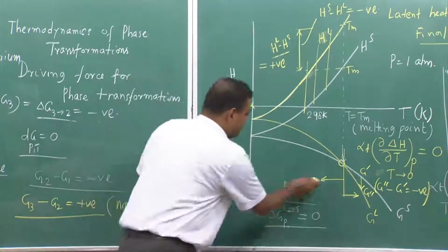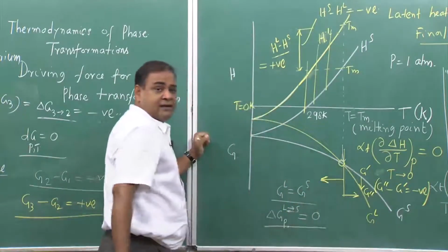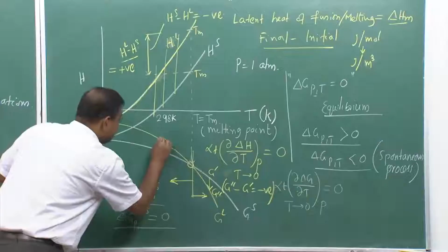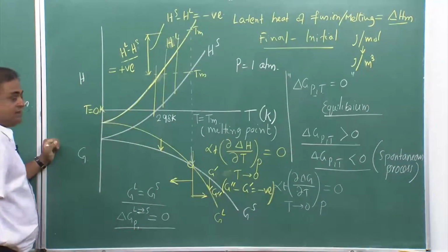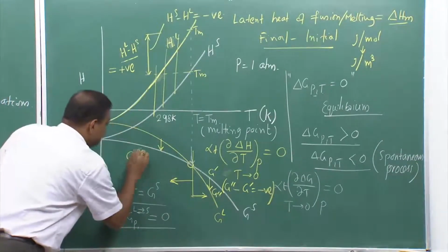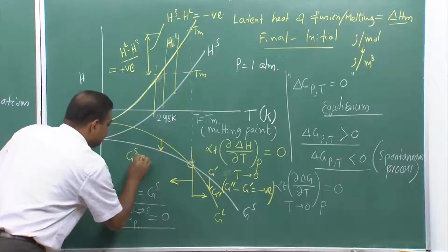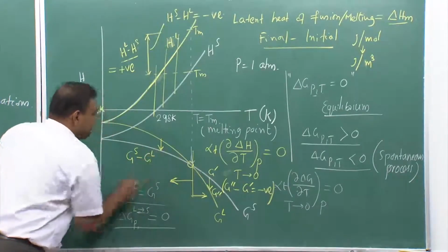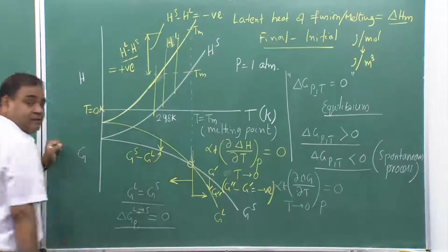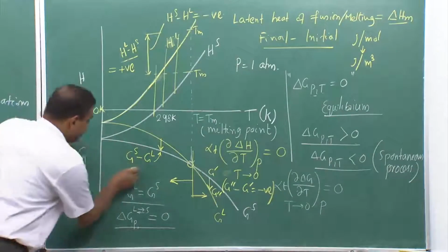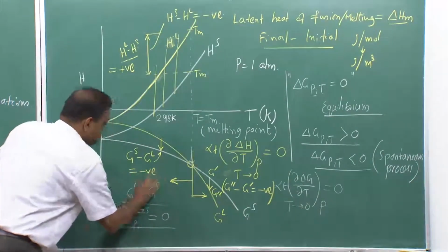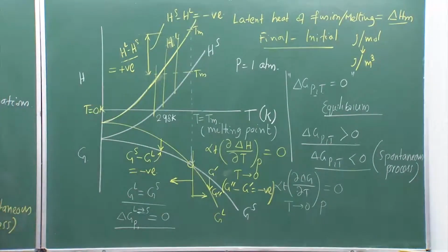Now, if I try to go this way, then G S minus G L at this temperature becomes negative. So, again it becomes a spontaneous process.